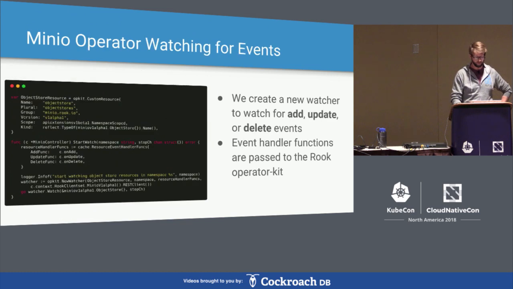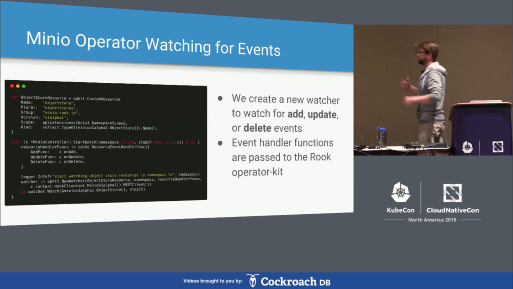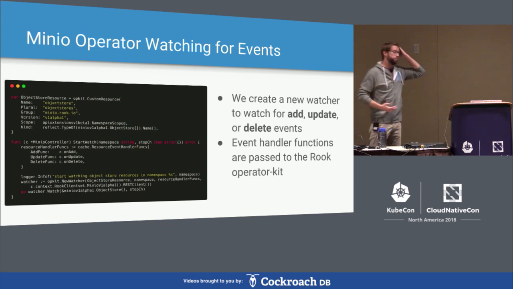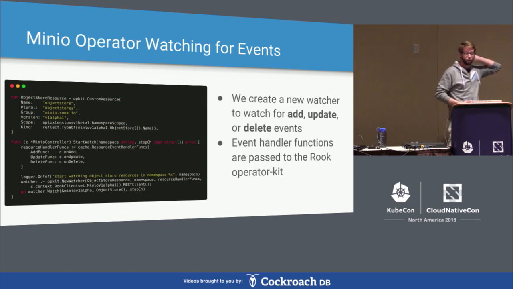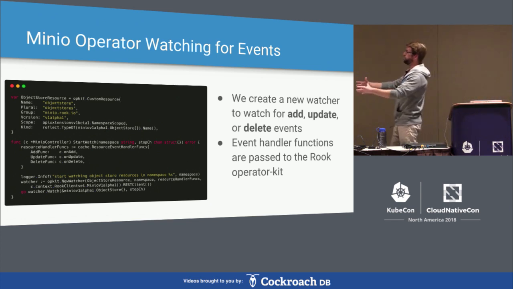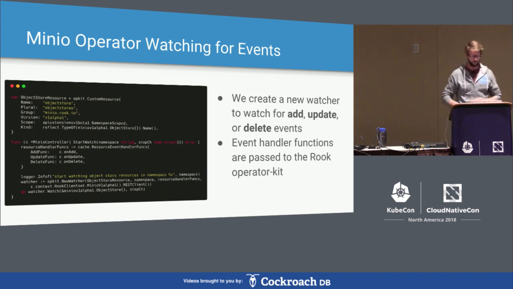All right, so the Minio operator's got to start doing something useful. What it needs to do is set up a watcher that will get us events for adds and updates and deletes when the user wants to manipulate the Minio object storage system. So we'll set up some event handlers that go through the Rook operator kit, and what they do is they'll subscribe to events on the Kubernetes API server, and do that in a smart way with informers and caches and some of those more advanced concepts that basically prevent the Kubernetes API server from getting overwhelmed with a bunch of gets.